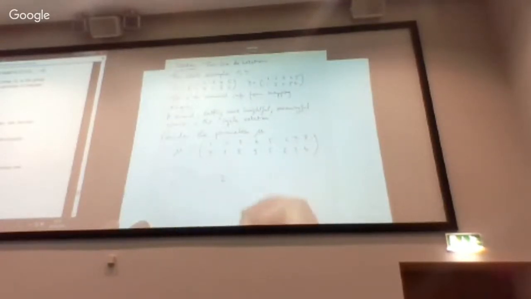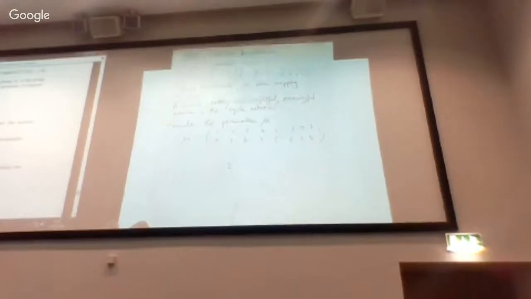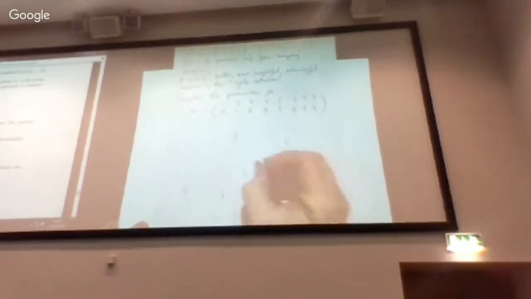Let's draw a mapping diagram now, but let's just scatter our elements around the page. Remember when I said at the start that these numbers 1 to n are just being used as a convenient set of labels for the objects. We're never using the fact that 2 is bigger than 1 or 8 is divisible by 4.